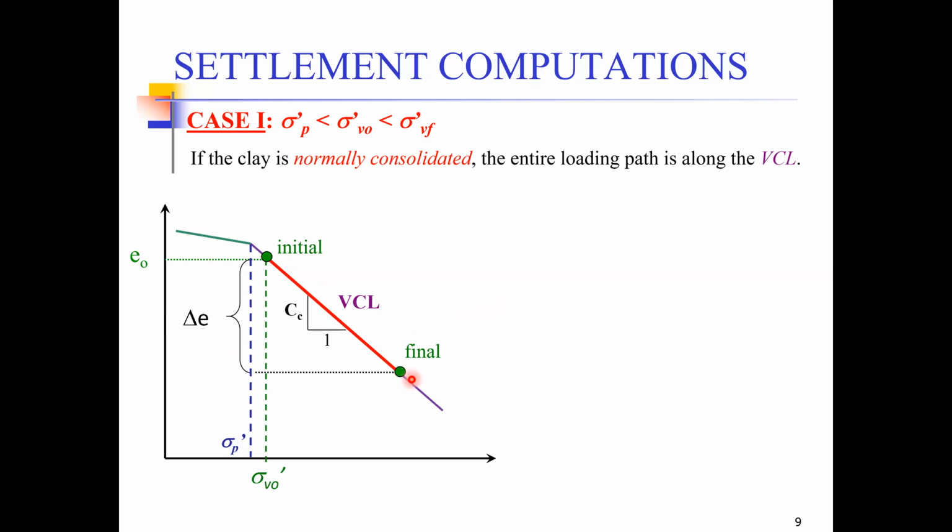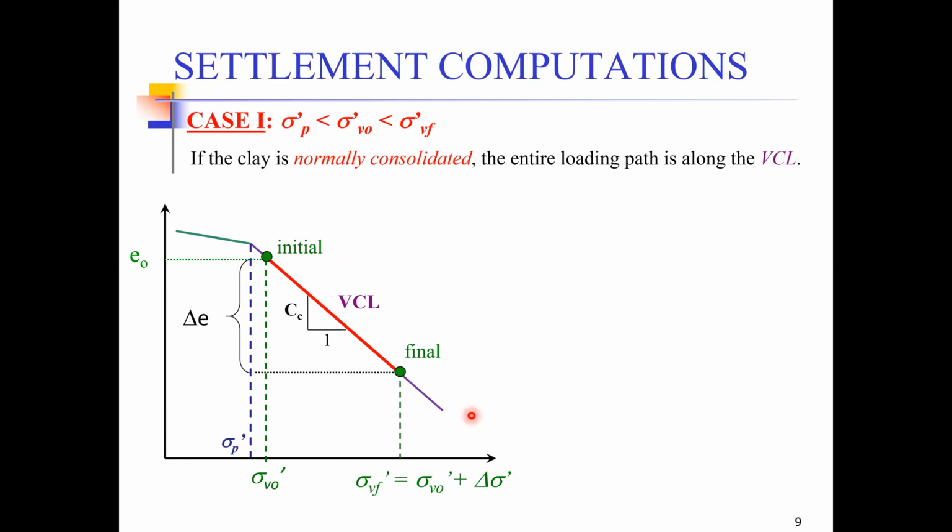This final stress level would be equal to the initial stress plus delta sigma, the additional stress that we have applied on our soil. So if you can understand this figure, the rest of the things would become very easy for you. So that's why I'm trying to explain it in a little more detail.